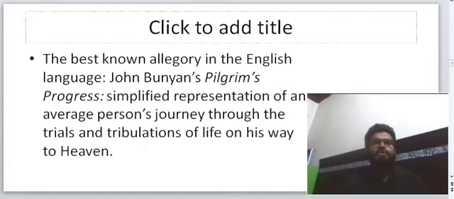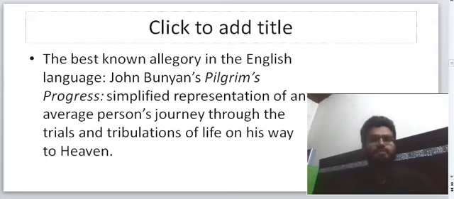The best known allegory in the English language is John Bunyan's Pilgrim's Progress. Now, Pilgrim's Progress is a simplified representation of an average person's journey through the trials and tribulations of life on his way to heaven.